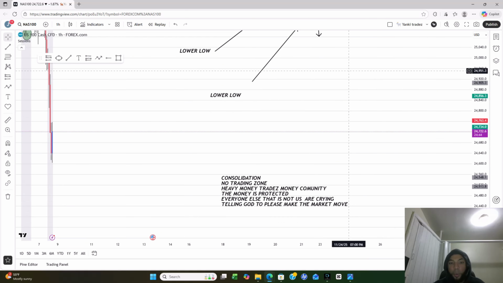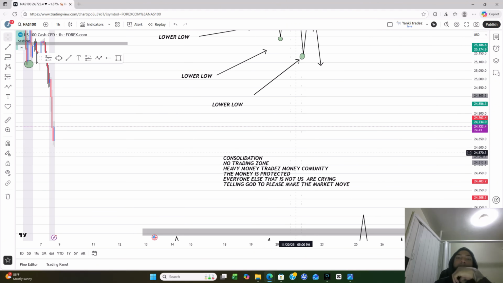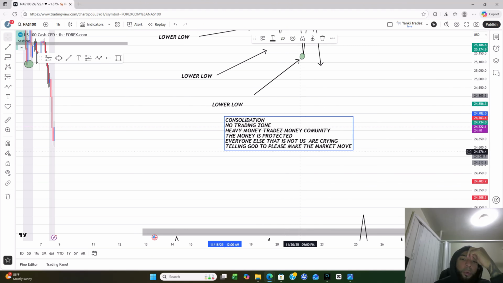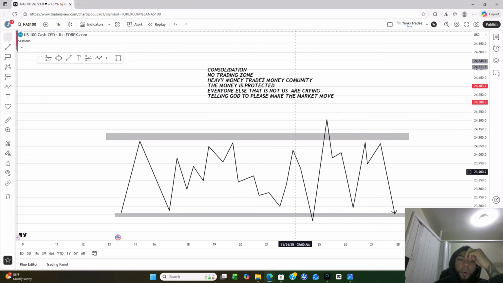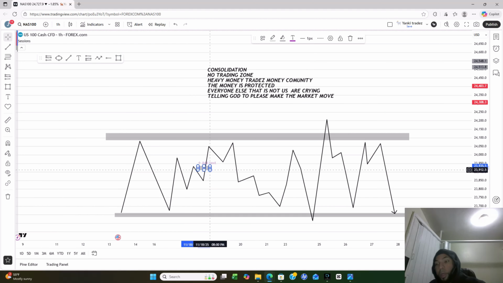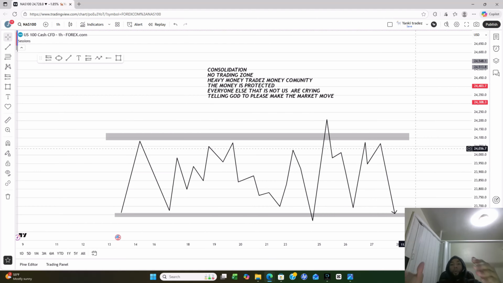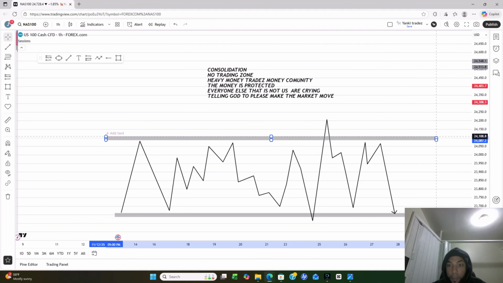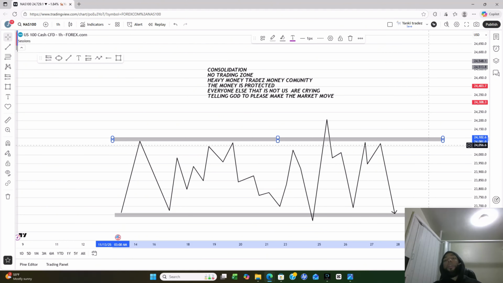Okay, let me see what else. Consolidation also. I've seen people looking for a trend in a consolidation. That's why a lot of people lose money, because they don't know where they are in the market, right? But we know where the market is going.